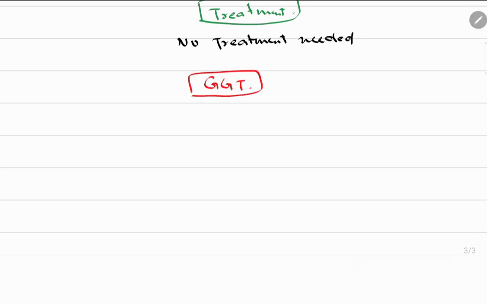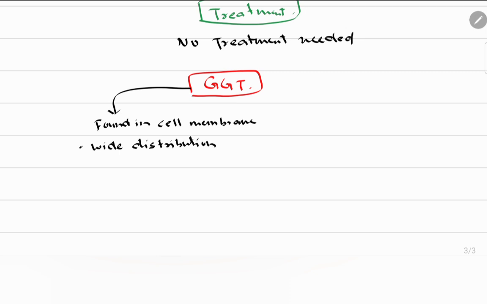What is GGT? GGT is gamma glutamyl transferase. It is found in the cell membranes. It has a wide distribution. In the liver, it is found in the cell membranes of cholangiocytes and hepatocytes.